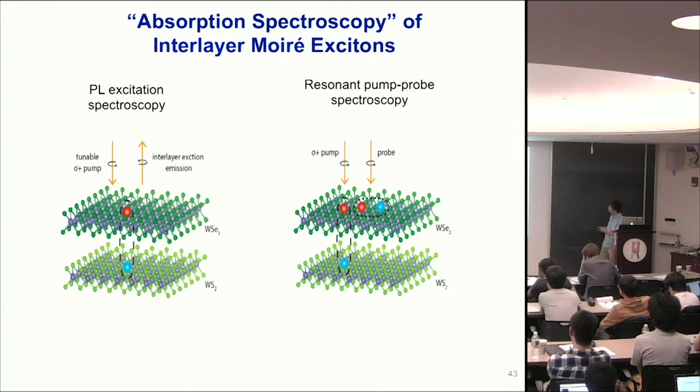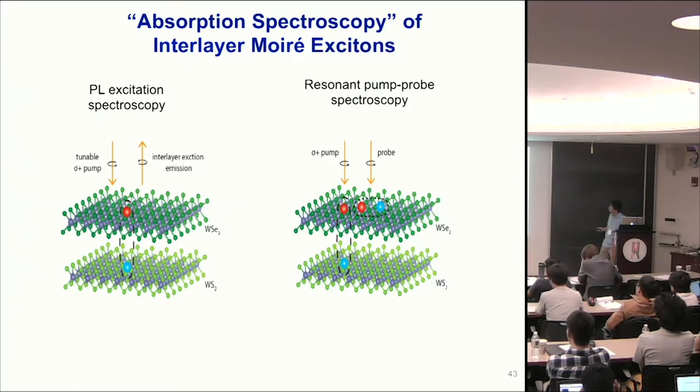And then you use another interlayer exciton as a probe to see the induced change in the interlayer exciton absorption. Again, if you don't have the initial pump absorption, there is no induced change. So the background is zero, and only when you create the excitation will you see an induced signal. So again, this is a background-free measurement.